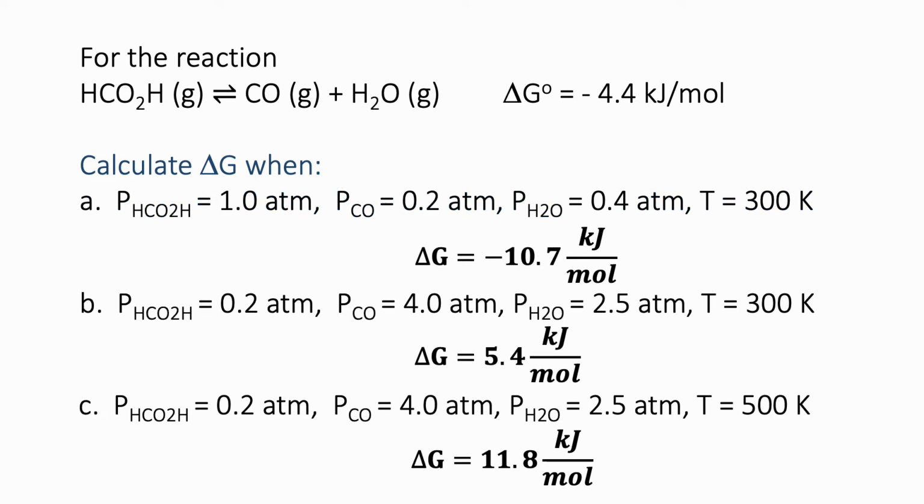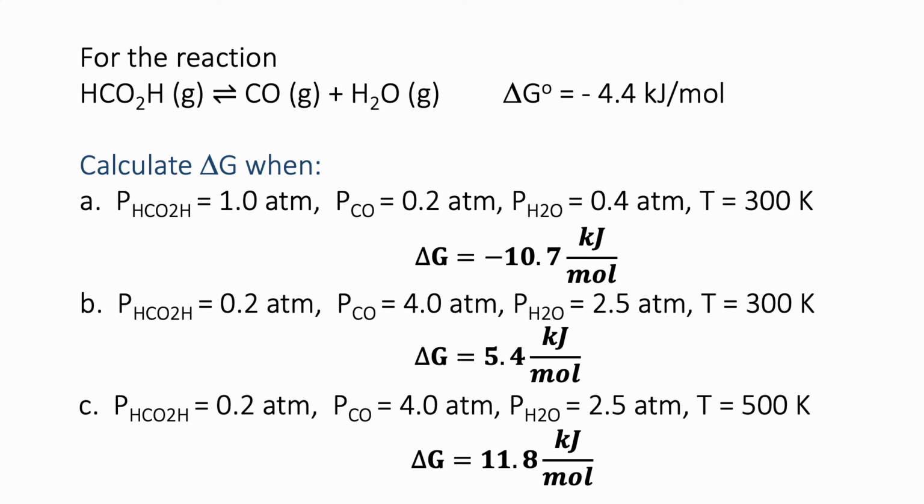So now let's compare these systems. With a delta G naught value of negative 4.4 kilojoules per mole, the forward reaction as written should be spontaneous under standard conditions. So if we had 1 atmosphere of everything. And as you can see in part A, when we had hardly any products, it was still spontaneous.